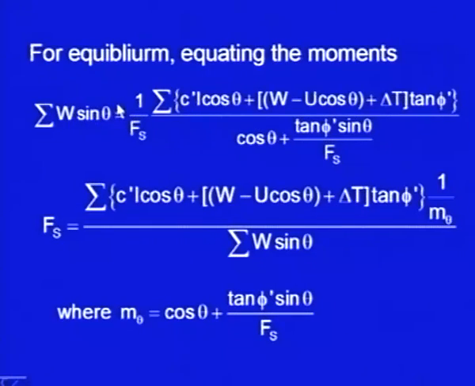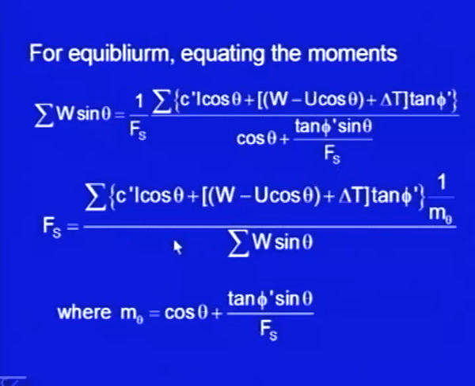So, r cancels out, and we are left with this expression: summation of w sin theta will be equal to 1 upon F s, summation c dash L cos theta plus bracket w minus u cos theta plus delta T tan phi dash, divided by cos theta plus tan phi dash sin theta upon F s.